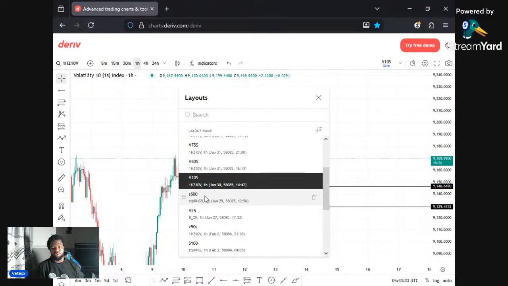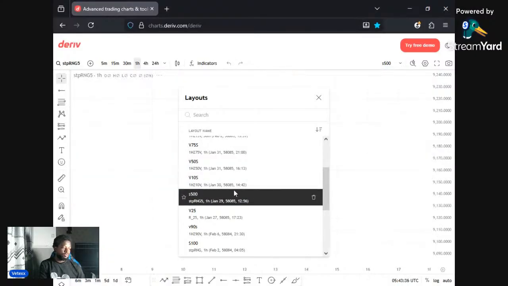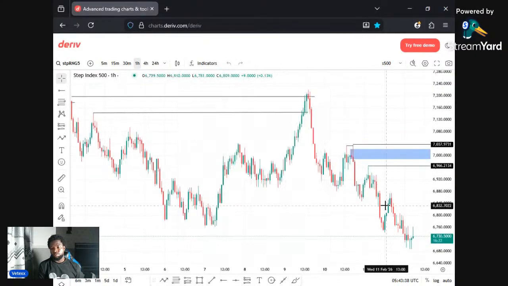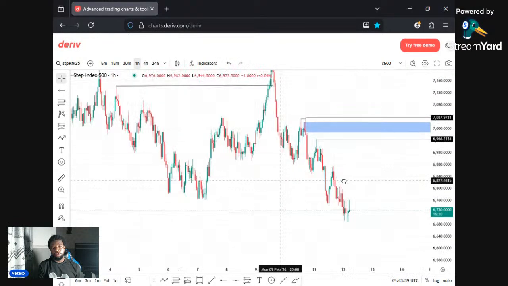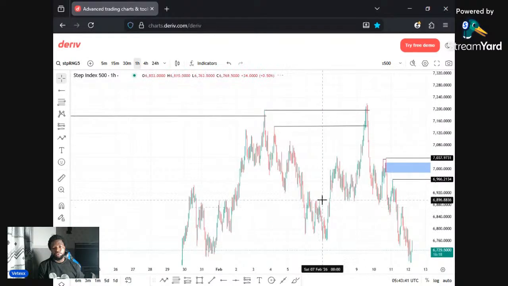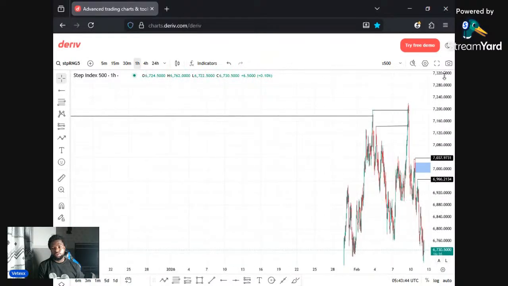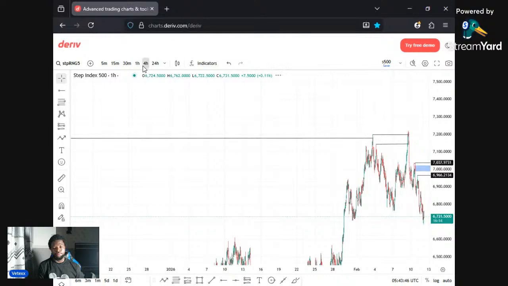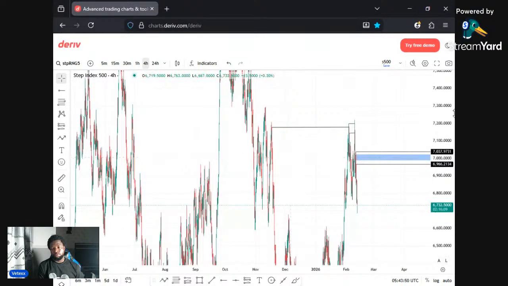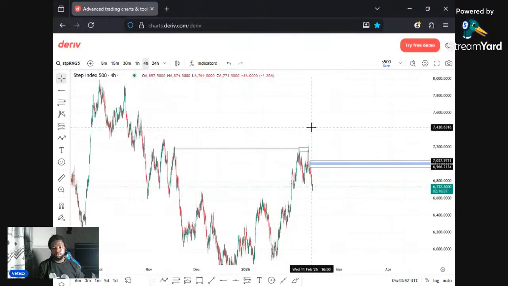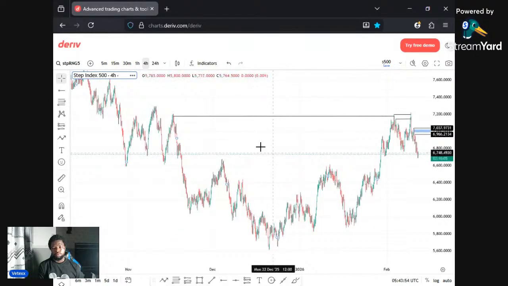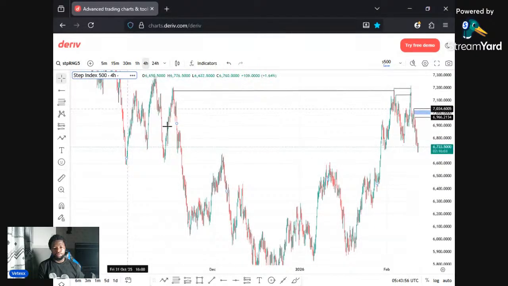The next is Step 500. Let's check out Step 500. Step 500 is bearish from the 4 hour time frame. We have a sweep here.